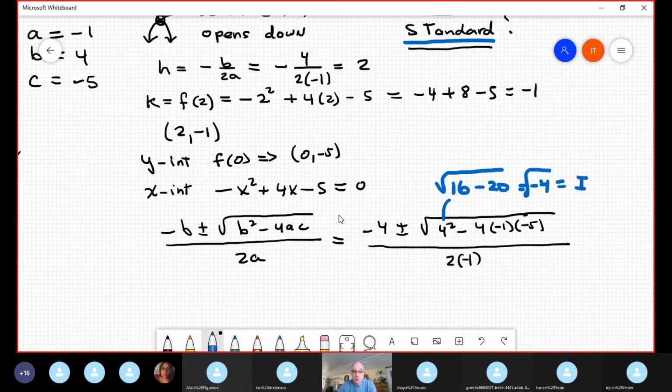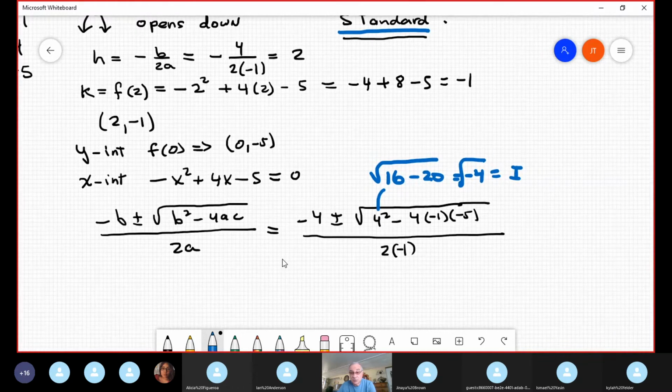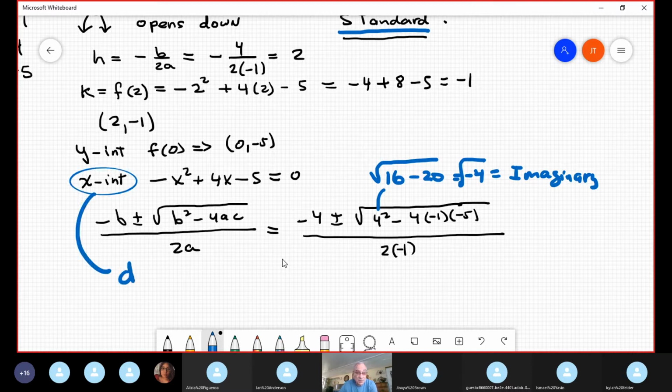So I want to say something important in algebra. When you try to find something that you consider useful, important, and you discover that the answer is imaginary, it's because the x-intercept I try to find doesn't exist.